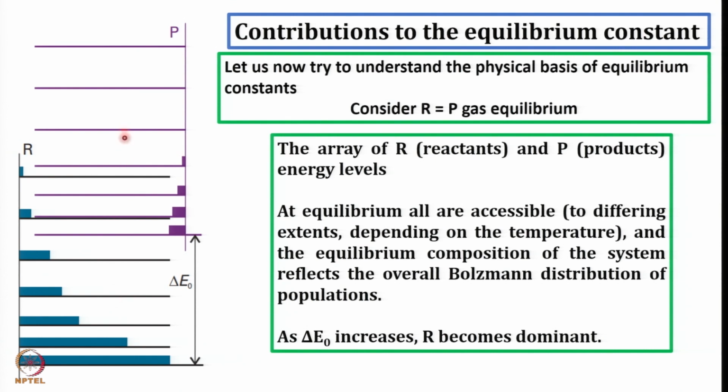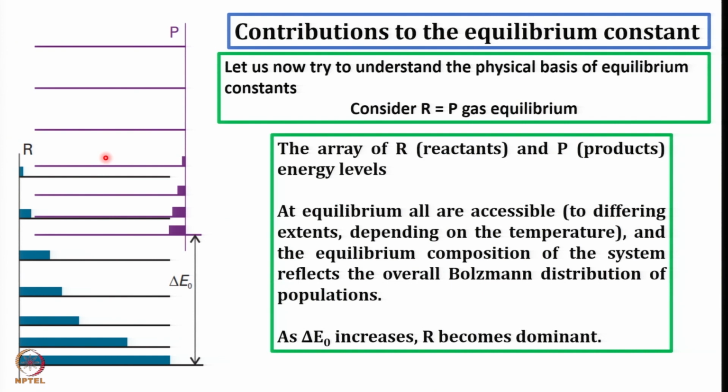The relative population of the states corresponding to reactants or corresponding to products will depend upon temperature, and the equilibrium composition of the system reflects the overall Boltzmann distribution of populations. So at a given temperature, suppose there are n number of molecules.